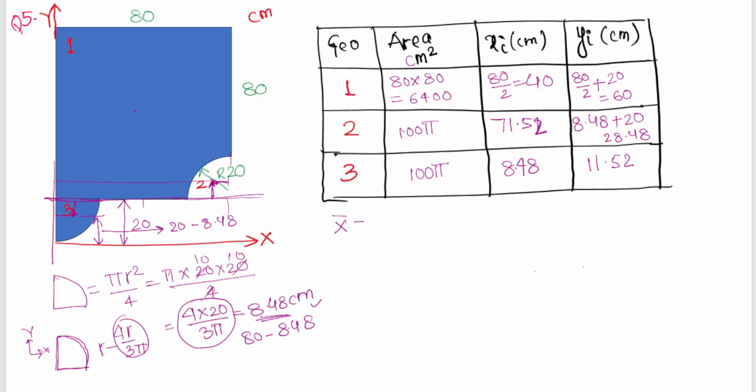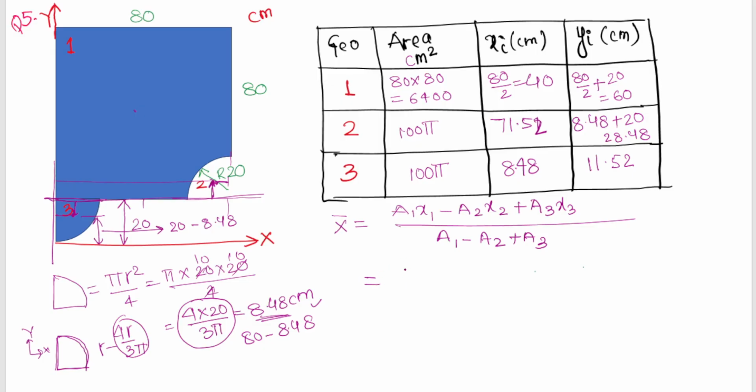X bar, remember second area is being subtracted. So I'm just going to write the formula for x bar, which will be a1 x1. Second area is subtracted, so minus a2 x2. Third area is being added, a3 x3 by a1 minus a2 plus a3. Similarly for y bar it will be a1 y1 minus a2 y2 plus a3 y3.